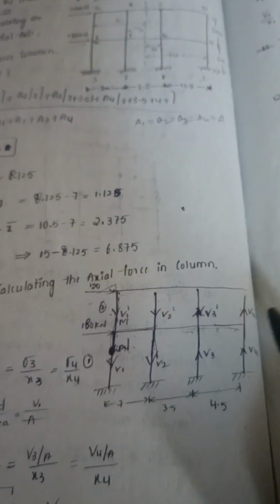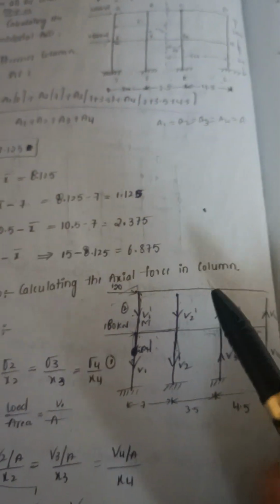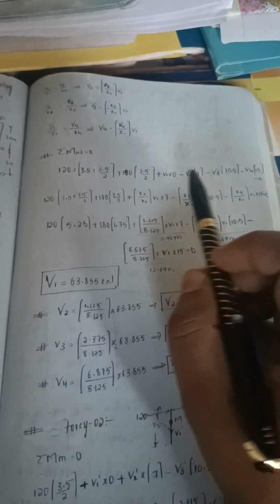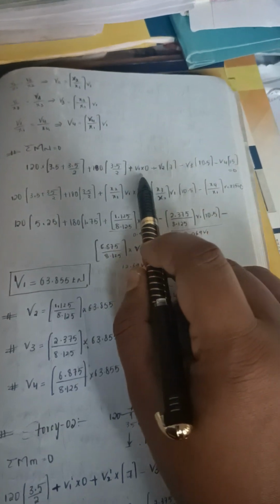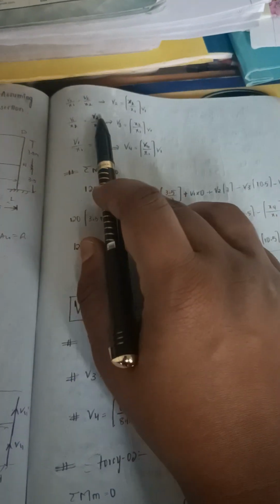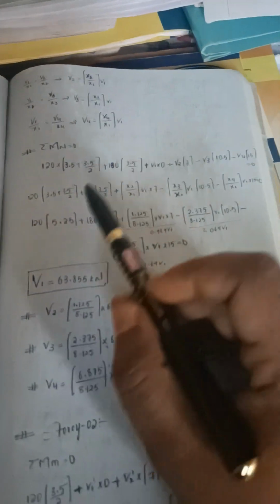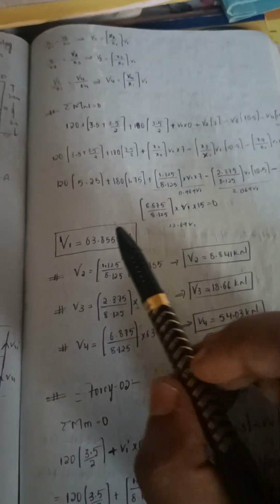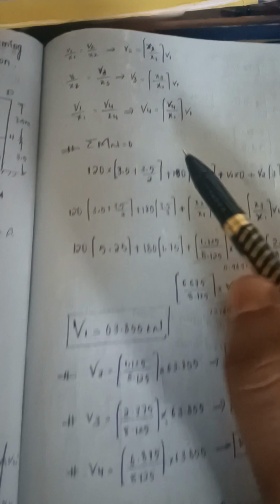We need not consider the upper part, because it is for story 1 only. Therefore, if you apply sigma M about N equal to 0, we will get this equation. Here we need to substitute V2, V3 in terms of V1, so everything we get is in terms of V1. So we can find V1 from here. The V1 value is 63.855 kN. Substituting the V1 value here, we will get V2, V3, V4.